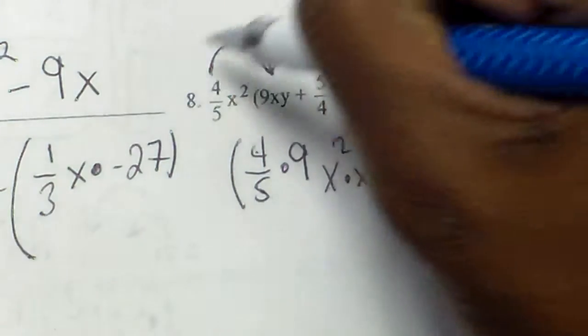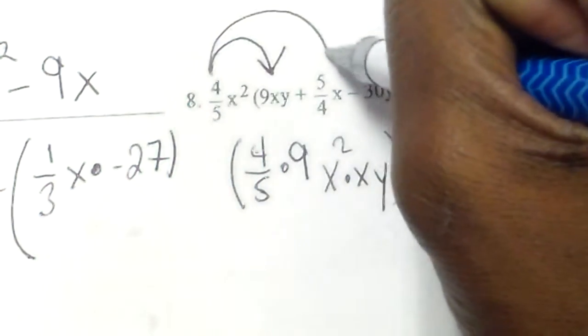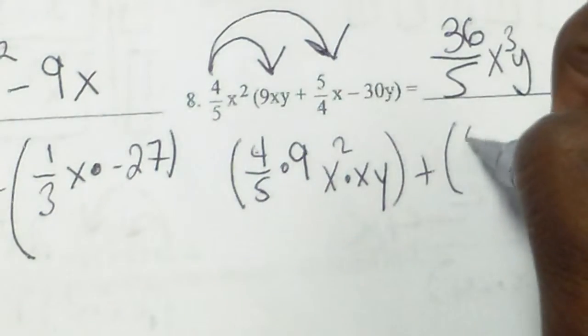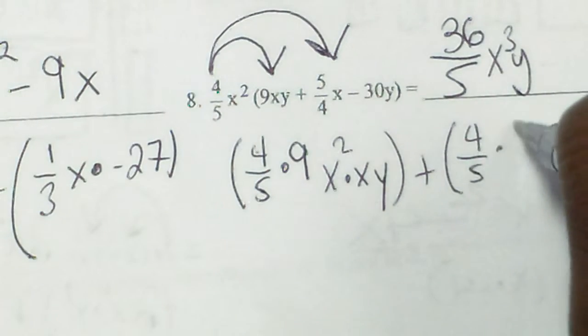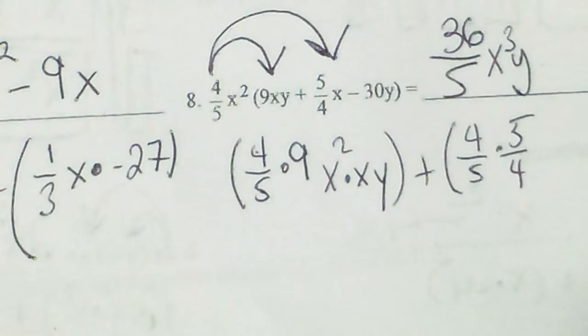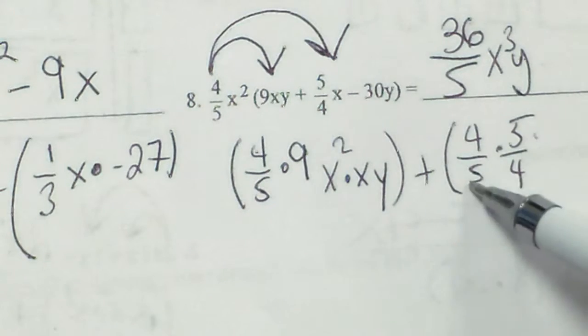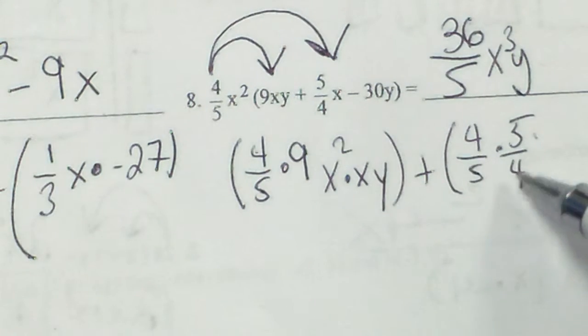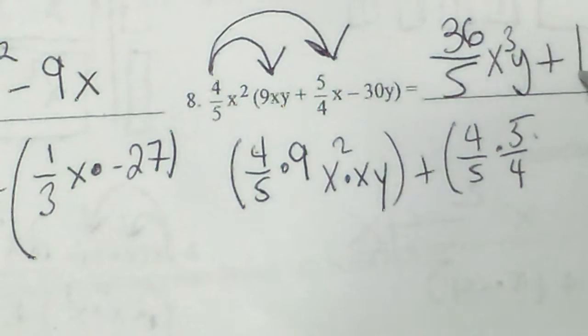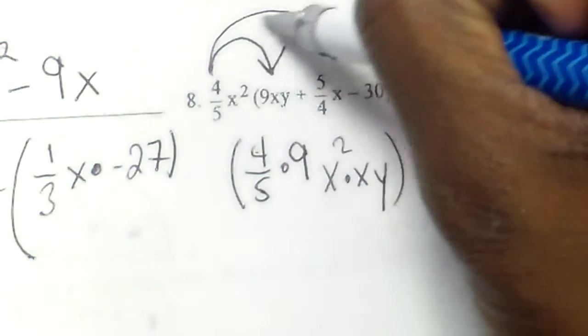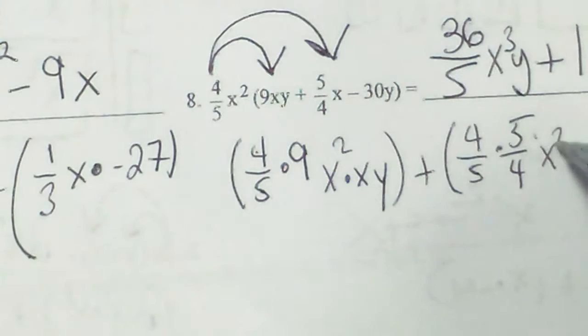Then we distribute to the next term, 4/5 times 5/4. Basically 4 times 5 is 20, 5 times 4 is 20, 20 over 20 is what? 1. Then we have x squared and x. Same base, add those exponents, we get x to the third.